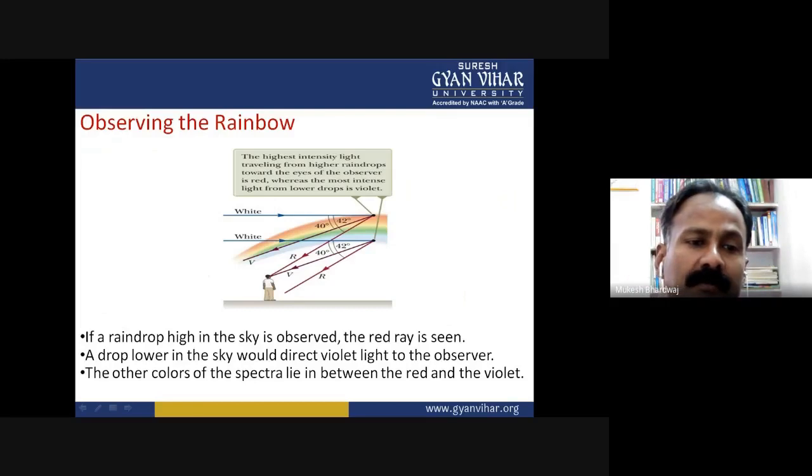If a raindrop high in the sky is observed, the red ray is seen. A drop lower in the sky would direct violet light to the observer. The other colors of the spectrum lie in between the red and the violet.